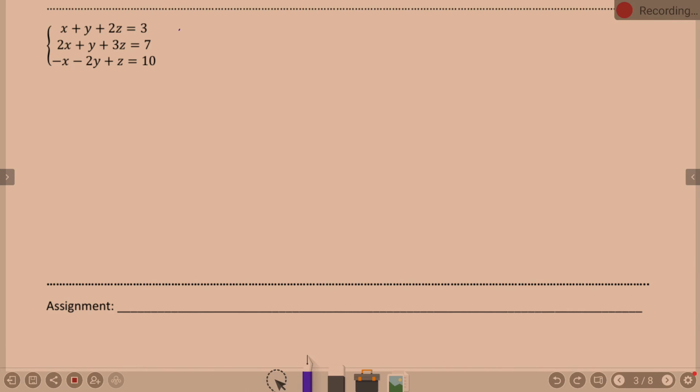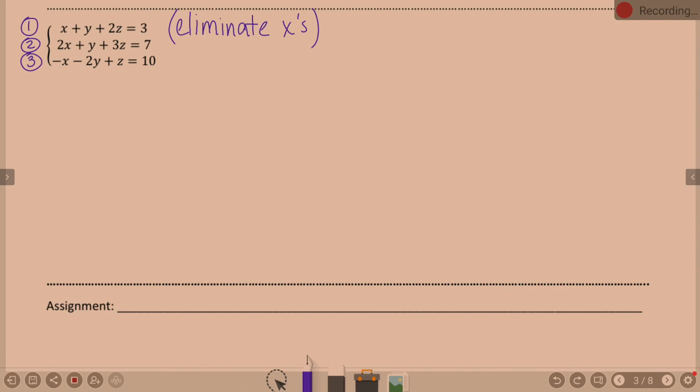So, if we opt to eliminate x's. Okay? And again, I'm going to number my equations. 1, 2, 3. I hope the numbering helps. It's organization.